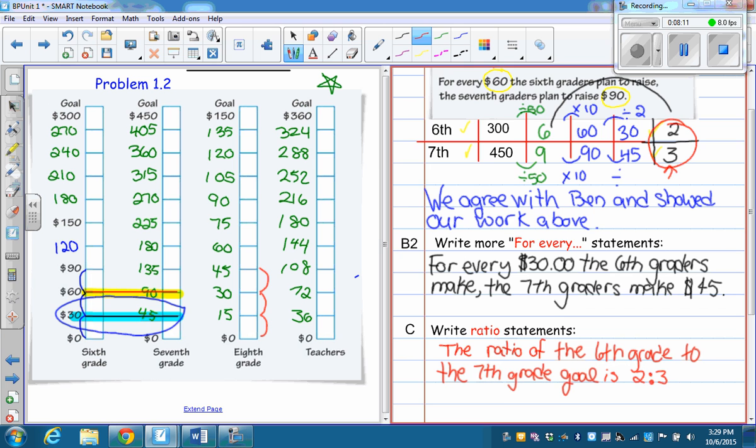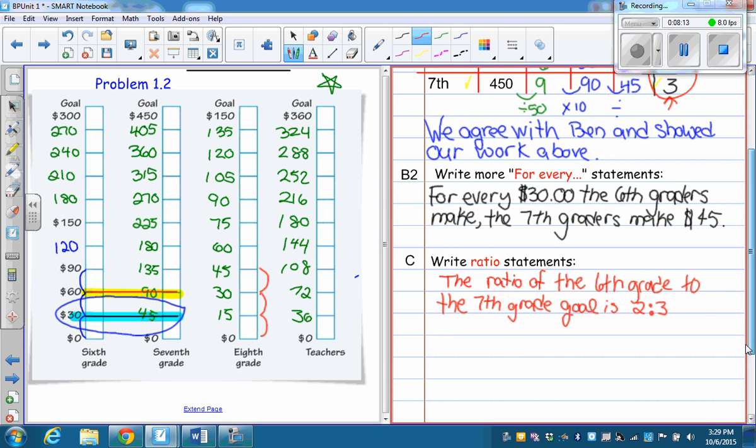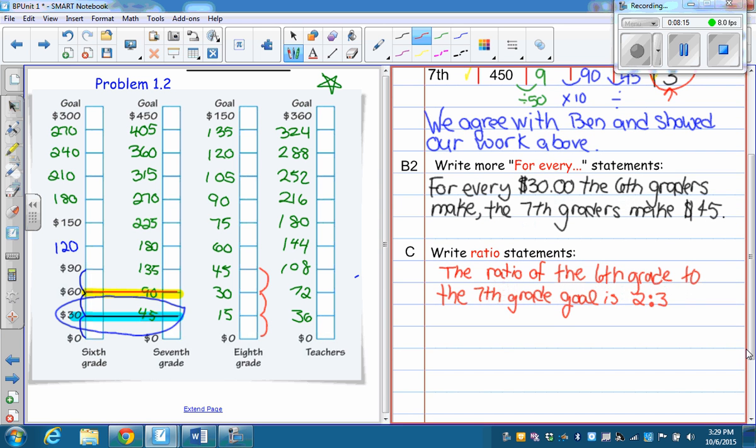And those are the things you're going to be using tonight. So a fraction statement also. They don't ask that, but it's a good thing to know. So that would be the sixth grader's goal is 2/3 of the seventh grader's goal.